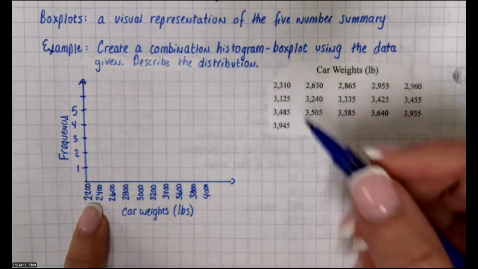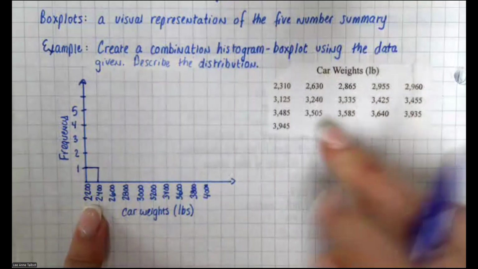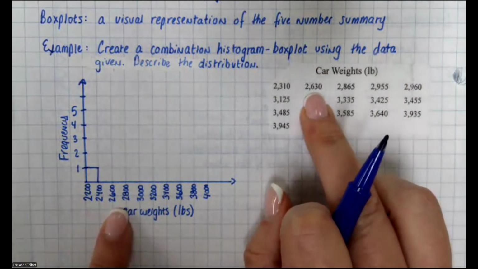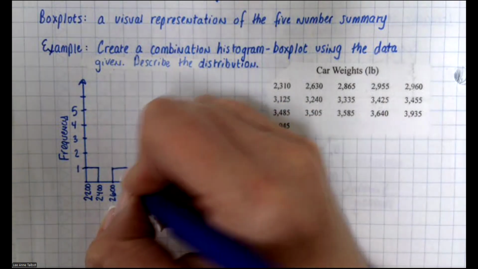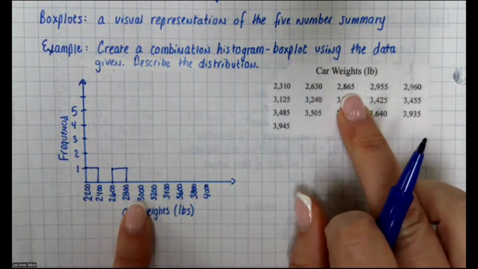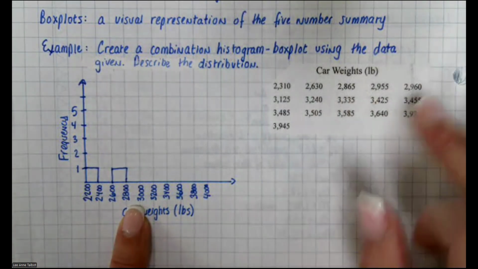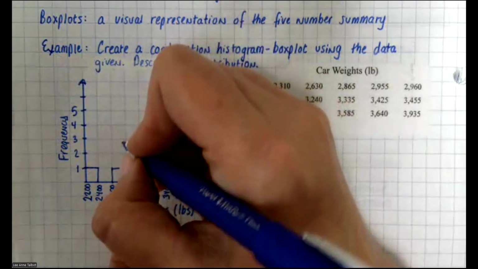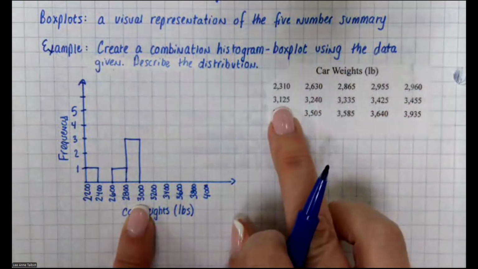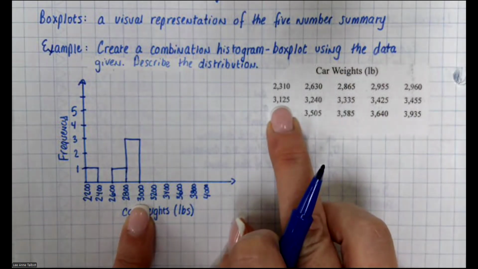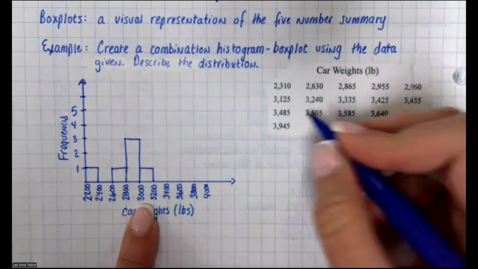I have one value in the 2300s. I have one value in the 2600s. I have three values between 2800 and 3000. I have one value between 3000 and 3200.